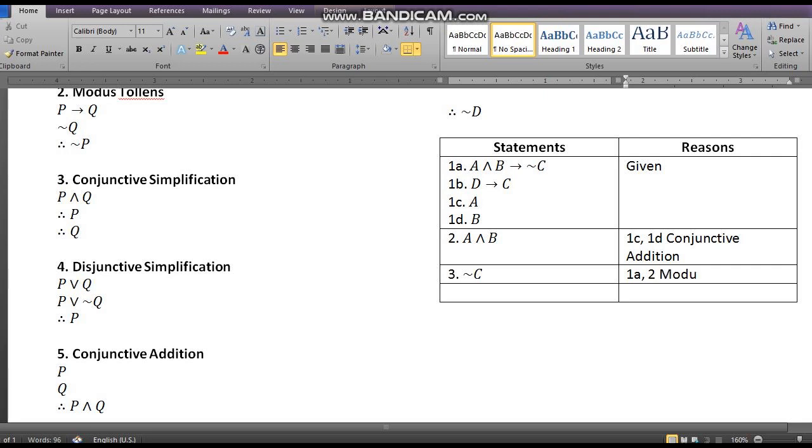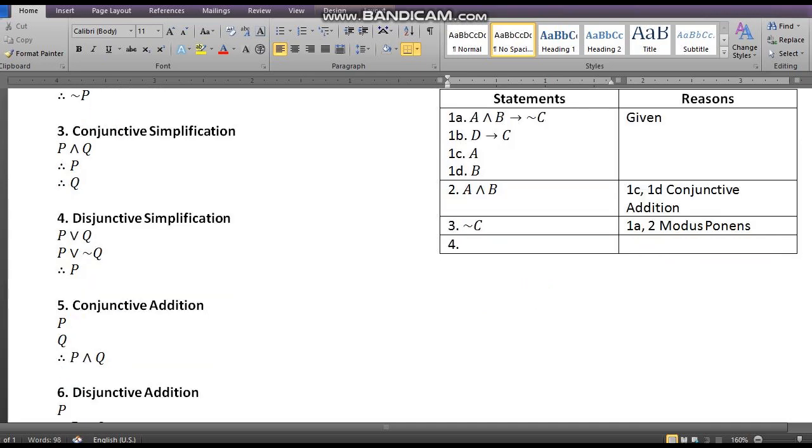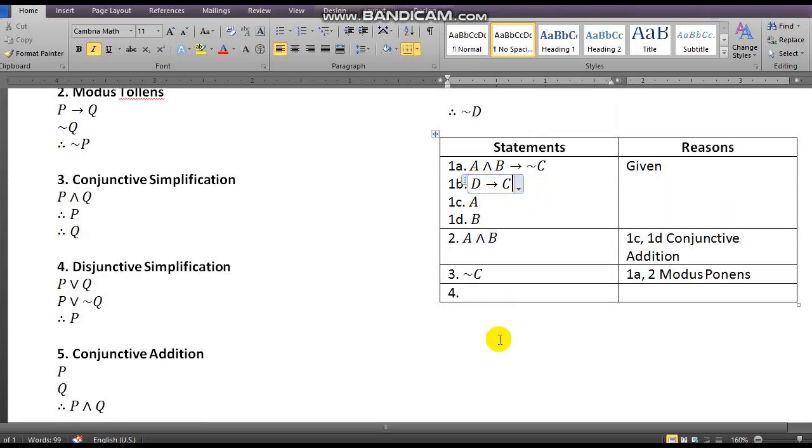That is modus ponens. Modus ponens states that if we have a conditional statement and the antecedent is true, then the consequent is true. For the next one, since we know that not C is true, then we know that C is false. If C is false, then it follows that D is false.